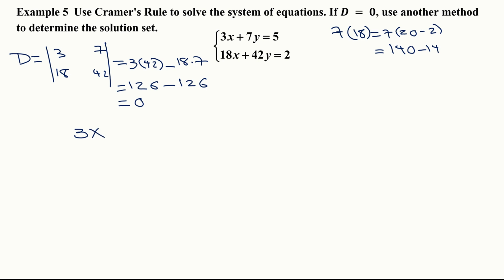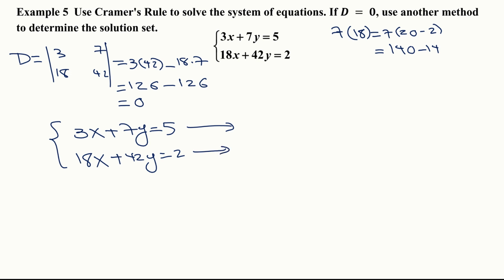So, this is a system which does not have any terms with a coefficient of 1, so substitution is not a particularly good method for this problem. We'll go ahead and solve it using elimination.